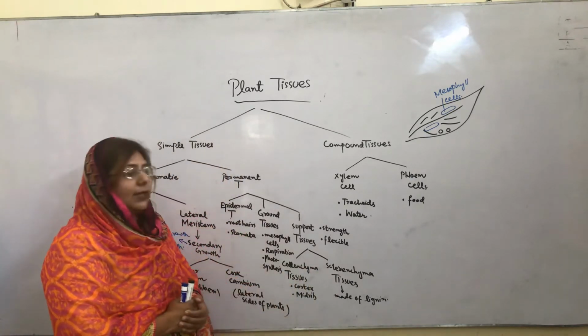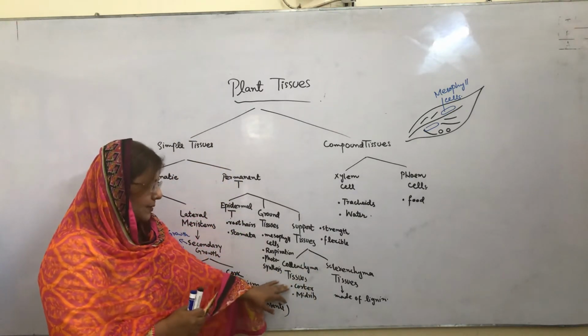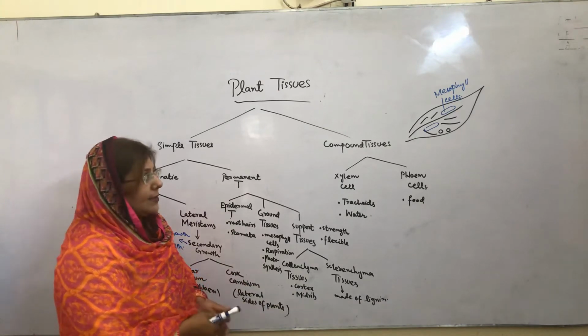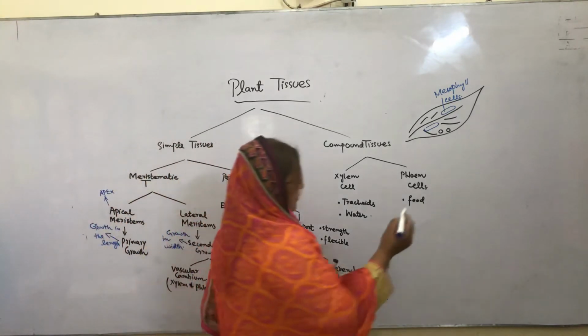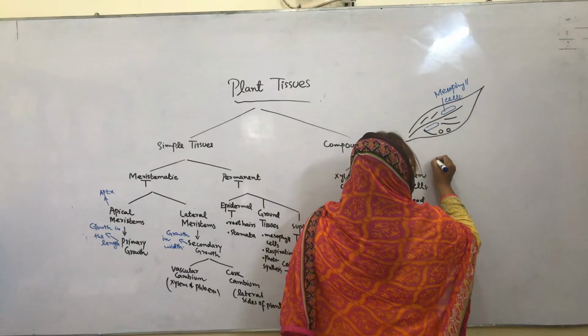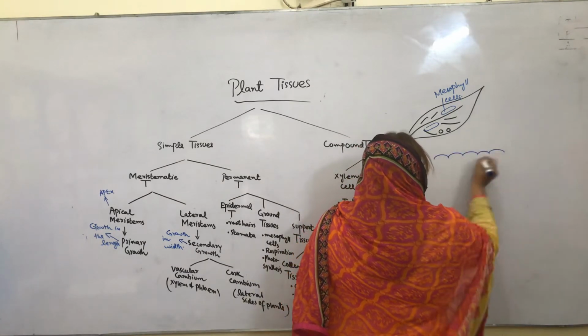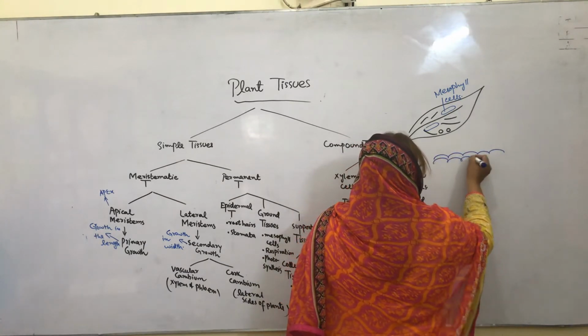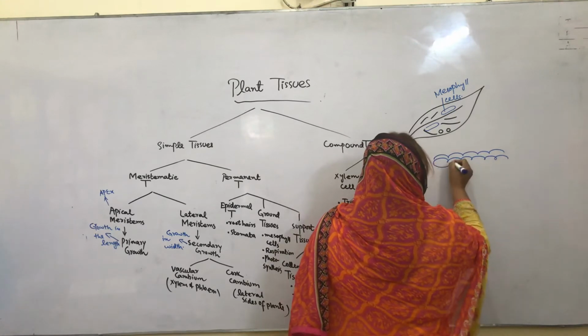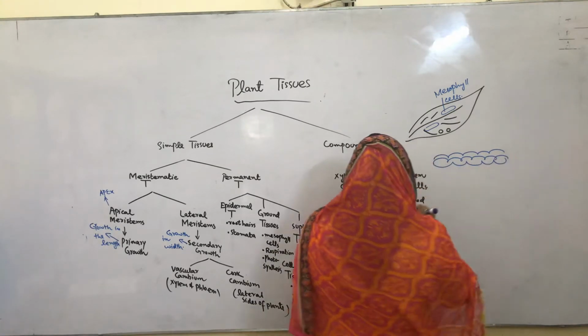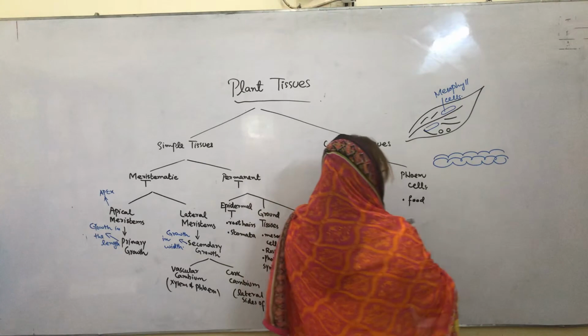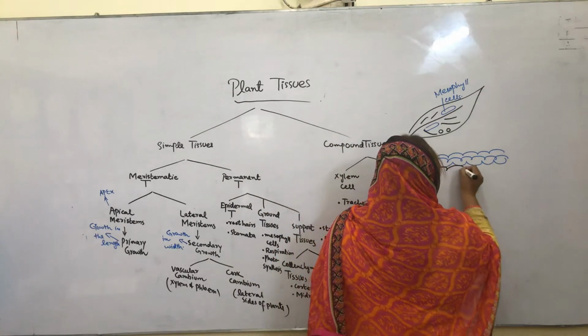Collenchyma tissues are present in the cortex. Cortex is a layer under the epidermis. For example, this is the epidermal layer, and under this there is a cortex.